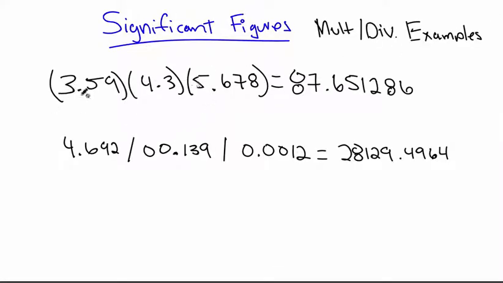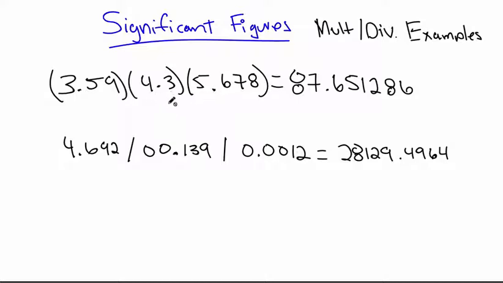Let's say that I had this set of data right here, 3.59, 4.3, 5.678, and I was multiplying that data. This is the number that I would get. So what do I round that to? Well, I'm going to look at the data that I used to multiply. That has 3, that has 2, and that has 4.